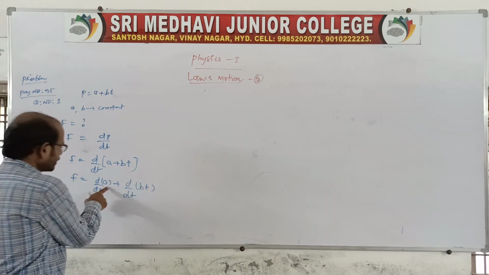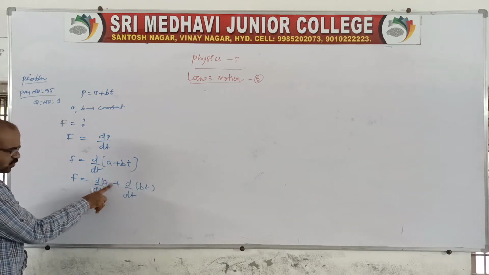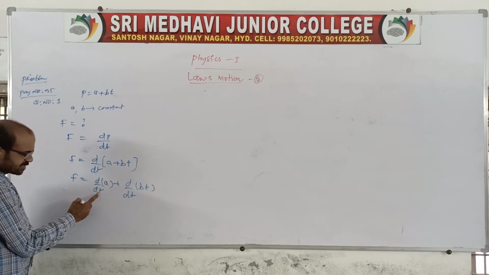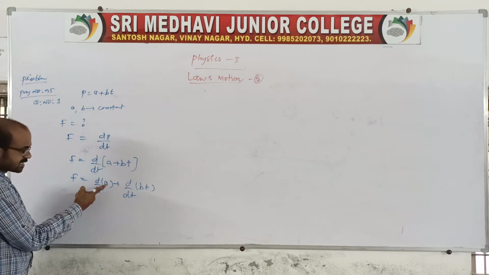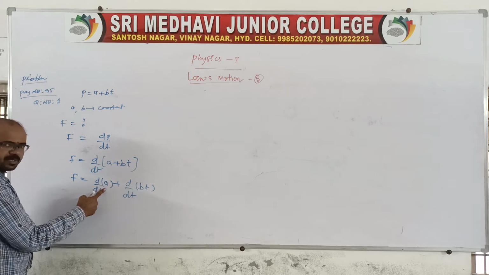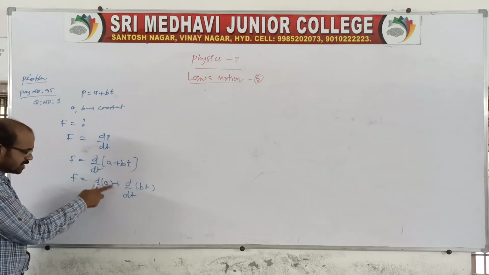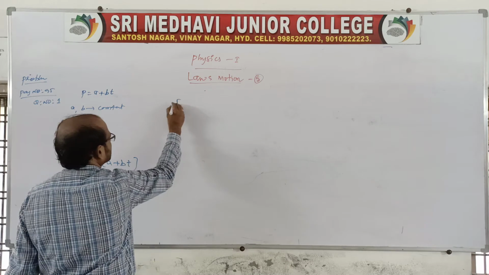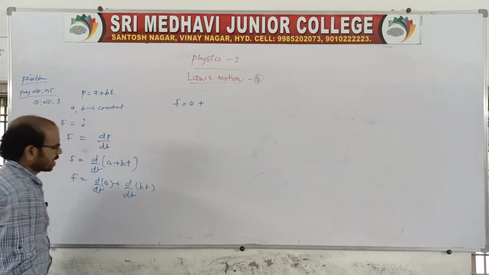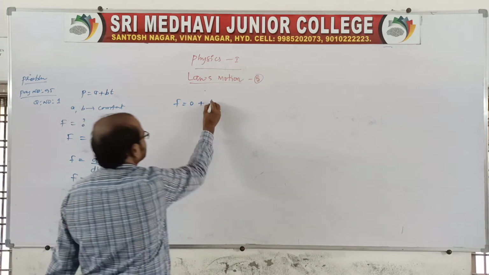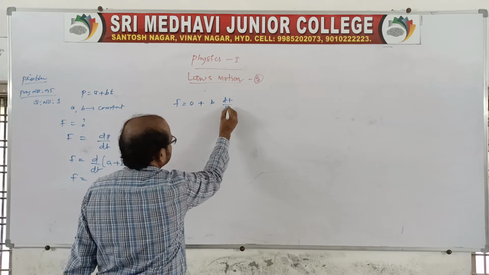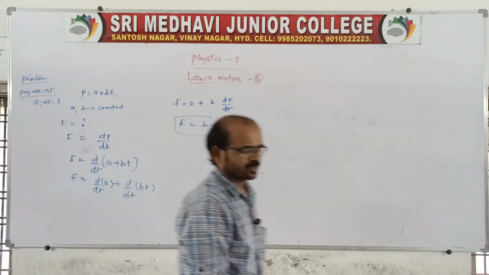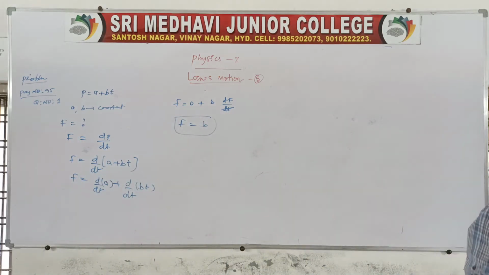With a, there is no time, because we are differentiating with respect to time, so it is a constant. For a constant, differentiation is 0. Whereas in bt, we get b dt/dt, so dt cancels. Therefore F = b is the answer.